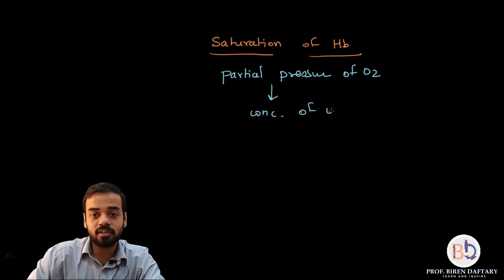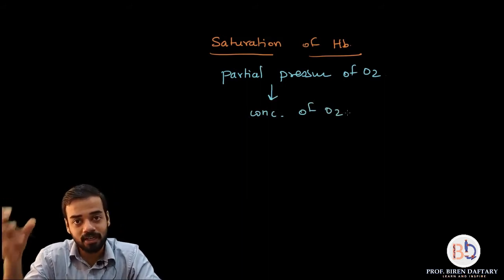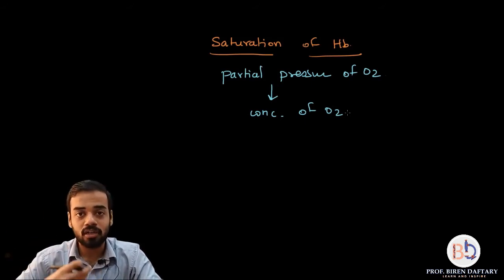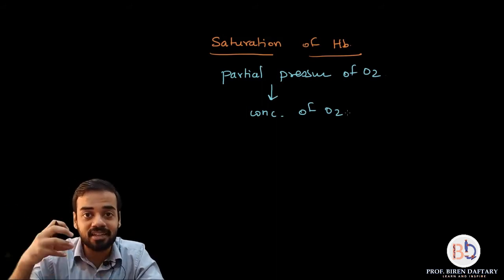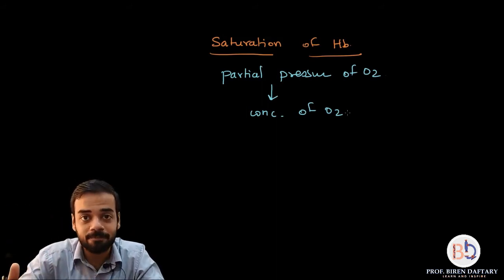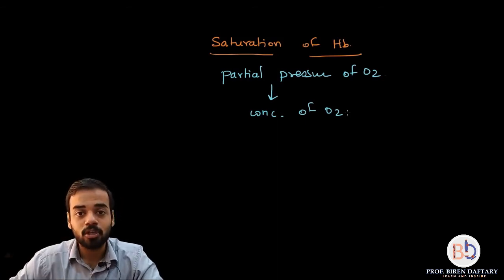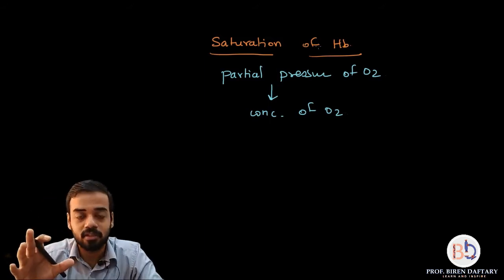So if the concentration of oxygen is high, obviously the partial pressure of oxygen will be high in that place. For example, when you take air inside your lungs, your alveoli are filled with air, so oxygen concentration is high over there, and partial pressure is high. If concentration is low, partial pressure will also be low. So saturation is decided by the partial pressure.